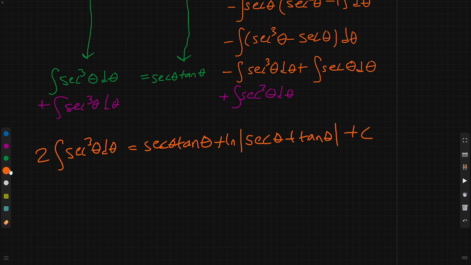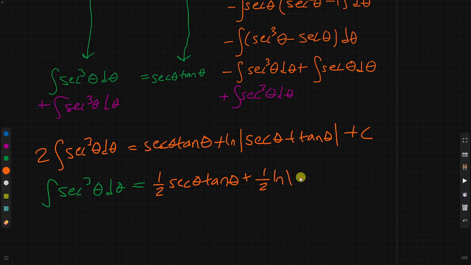So now I get that the integral of secant cubed theta d theta is equal to 1/2 of secant theta tangent theta plus 1/2 times the natural log of the absolute value of secant theta plus tangent theta plus c.